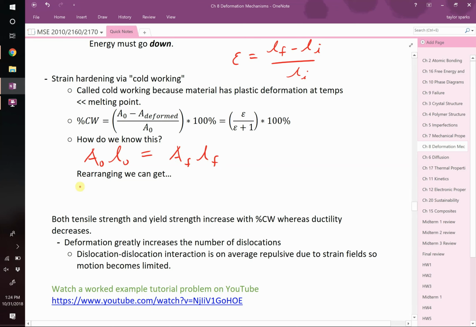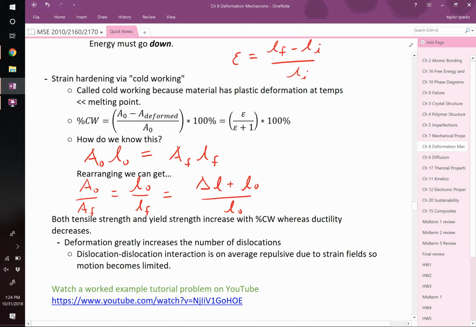We could say that the ratio of the initial area to the final area, the deformed area, should be equal to the ratio of our initial length divided by our final length, which is really, we can rewrite this as delta L plus L0. Sorry, I'm going to call that L0. Keep the consistent terminology here.